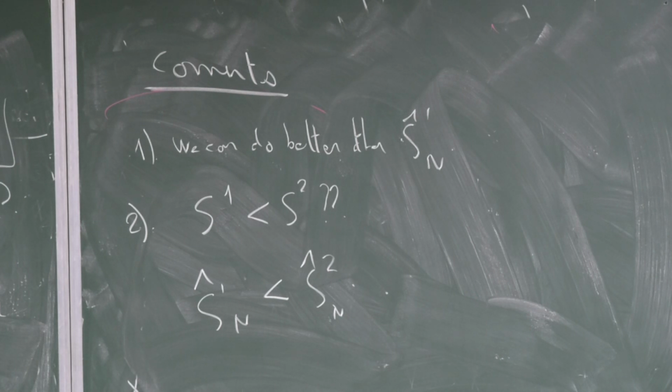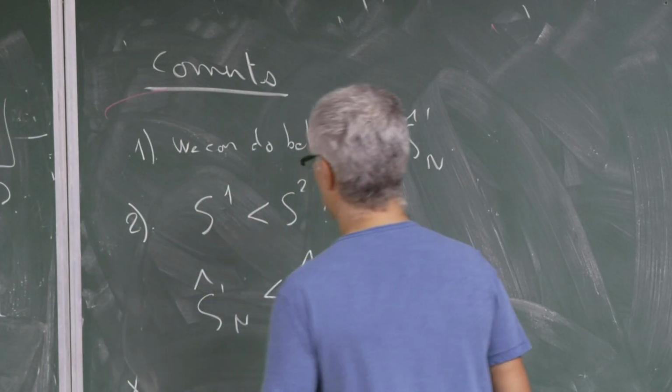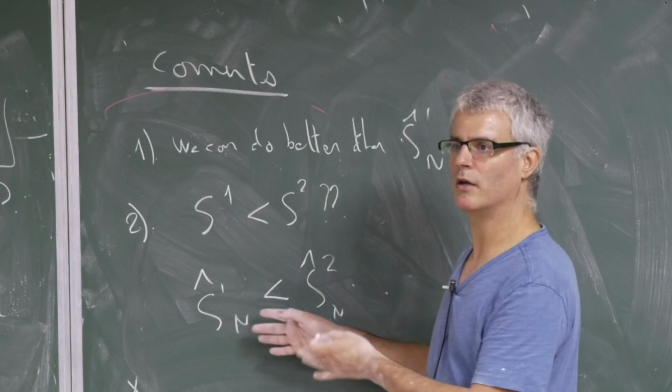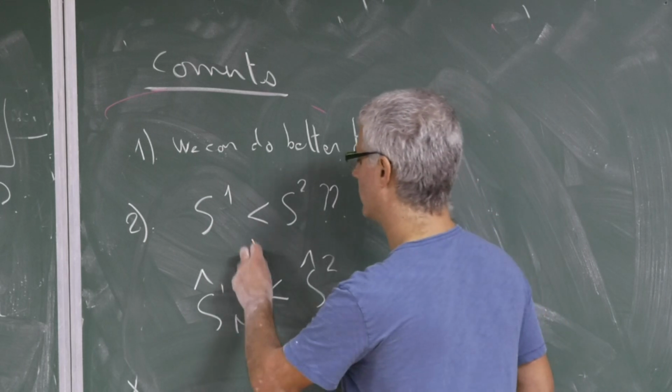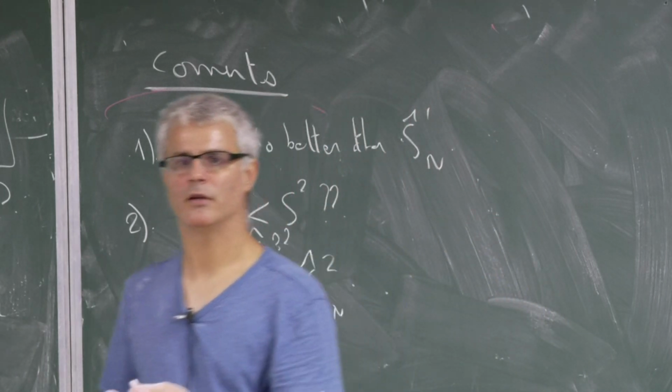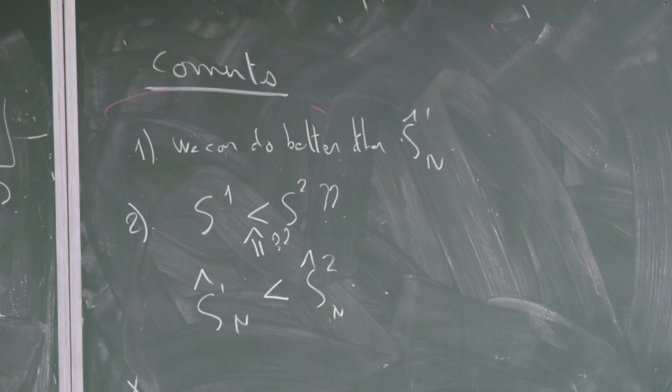Can you say that this implies that S1 is less than S2? Since these are only estimations, it can happen that the estimator of S1 is below the estimator of S2, but the true indices are the other way around.